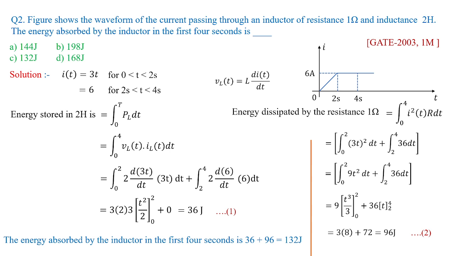But anyhow, this is how they frame the question in depth, such that one should know how to find out the energy calculations or power calculations for inductors as well as resistors. It's a very interesting problem. The option is C here.